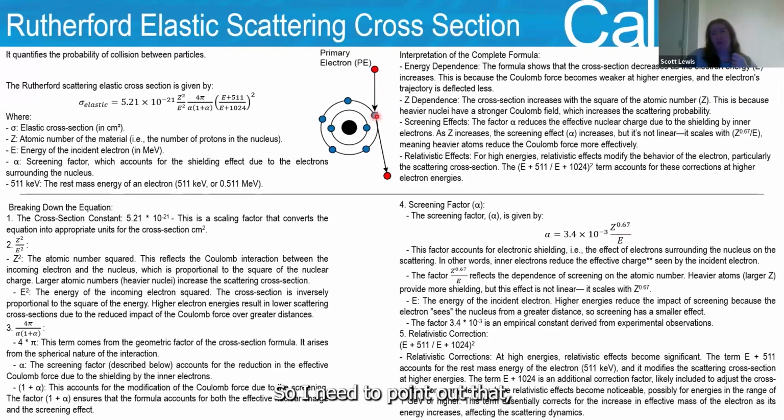So I need to point out that atoms are pretty small, about 10 to the minus 10 meters. Okay, so what I mean by that is we've got a nucleus, protons, but we've also got a hell of a lot of free space in here. Okay, so the probability of this colliding with an electron is not impossible, but it's pretty unlikely as well.